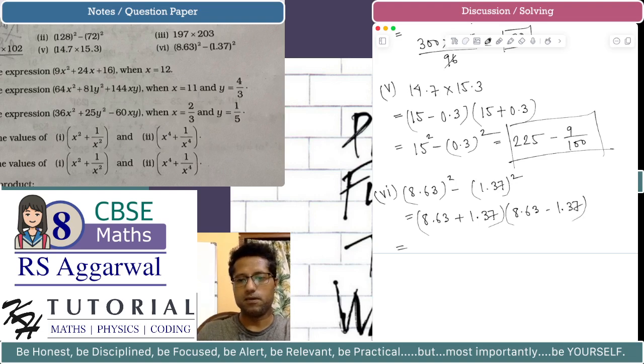Now a plus b is equal to 10 and a minus b is equal to 7.26. So this is equal to 72.6.